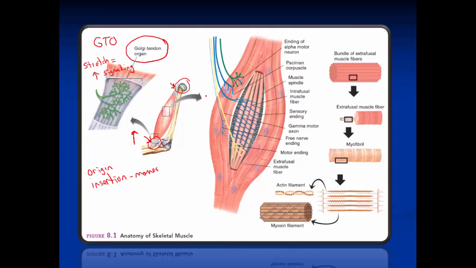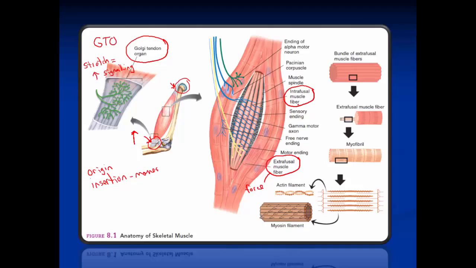Now, when we come over here and look at the muscle itself, you'll notice that there are going to be two different types of muscle fibers. One is called the extrafusal muscle fibers. The other is called the intrafusal muscle fibers. These extrafusal muscle fibers generate force. So when these are stimulated and contract, I move things.